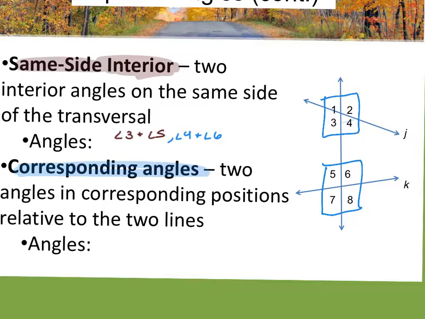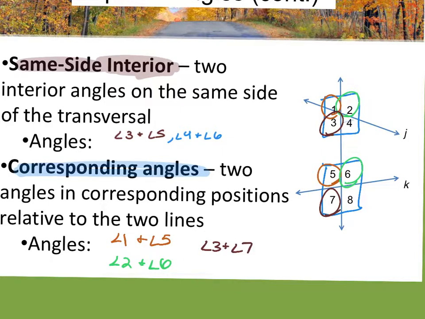So top left and top left matches, which means angle 1 and angle 5 are corresponding angles. Then top right and top right, so angle 2 and angle 6. Then bottom left and bottom left, angle 3 and angle 7. And last, bottom right, angle 4 and angle 8.